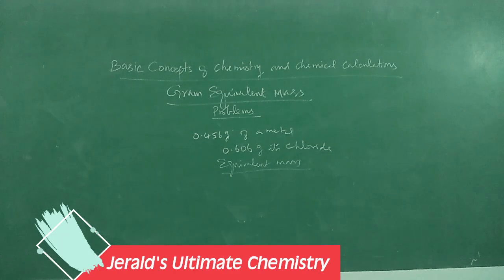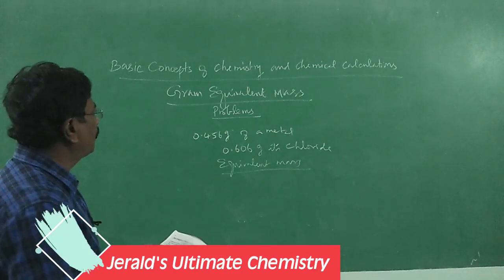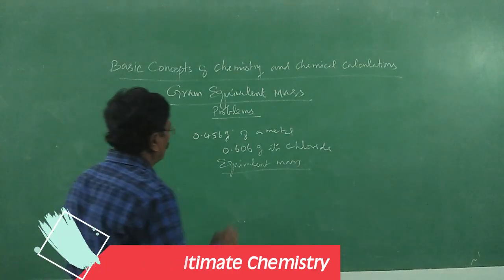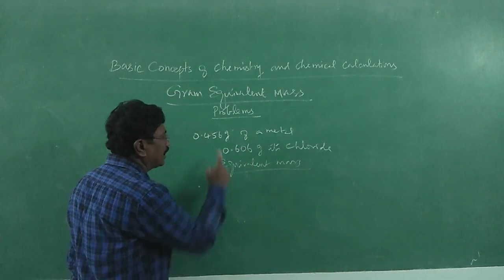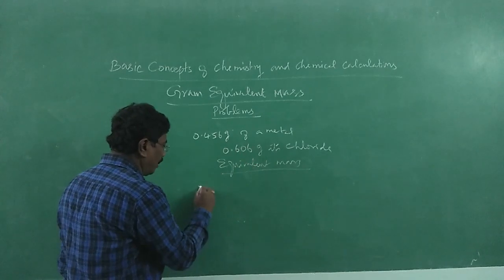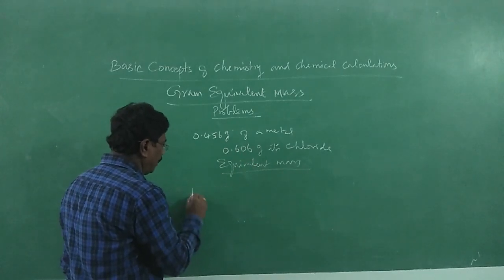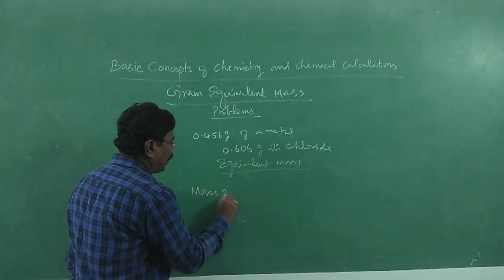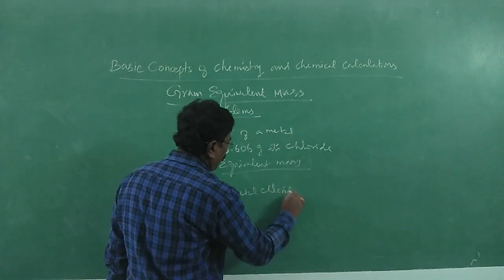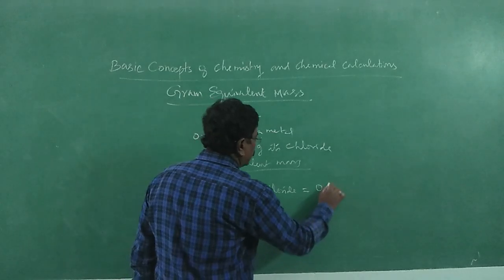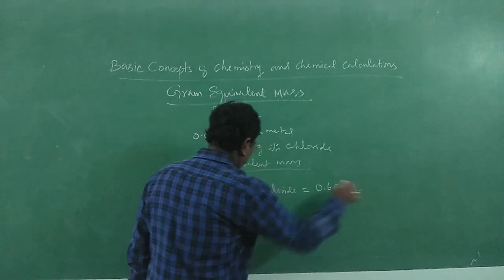Mass of the metal is given, and the mass of the metal chloride is also given. Mass of metal chloride is 0.606 gram.